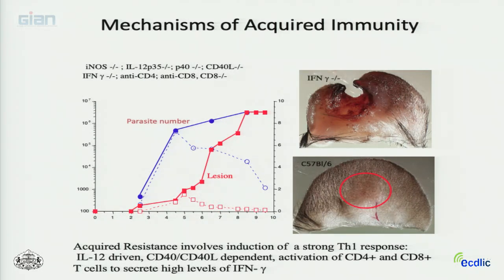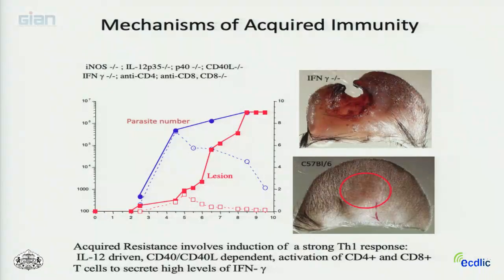So acquired resistance in this model involves induction of a strong Th1 response. It's IL-12 driven. That's the instructive cytokine from innate cells that differentiate the CD4 precursor cells to Th1s. They signal along a CD40 ligand dependent activation pathway.